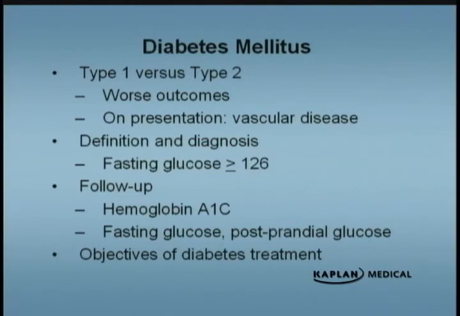So I can titrate my insulin and my sulfonylureas and my other oral hypoglycemic agents according to this glucose level. I also sometimes will ask patients to give me a postprandial glucose. This is a good way of assessing what happens also throughout the day. So I don't want this to go above 200 after meals. I don't want my fasting glucose to be over 126.